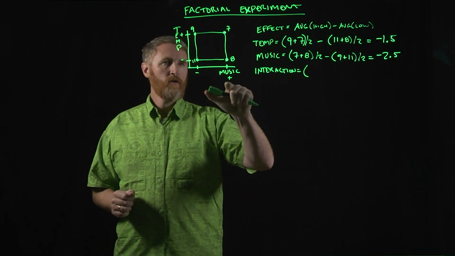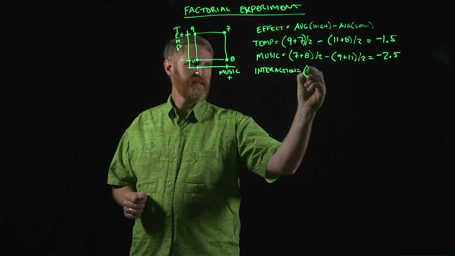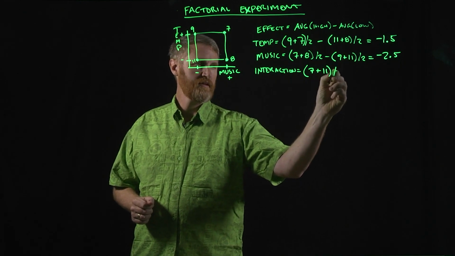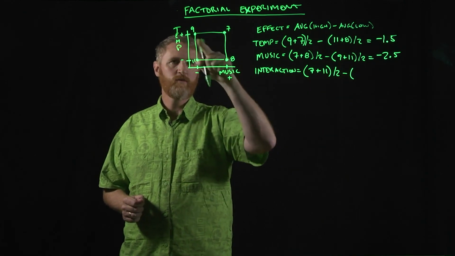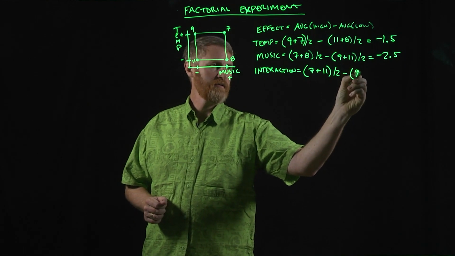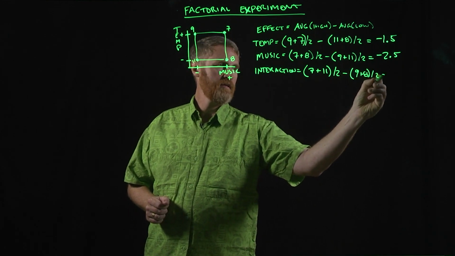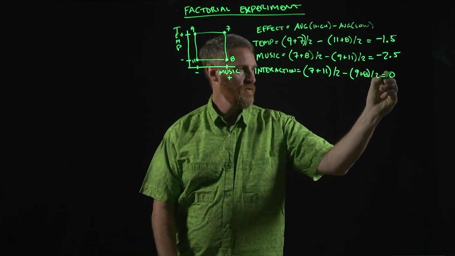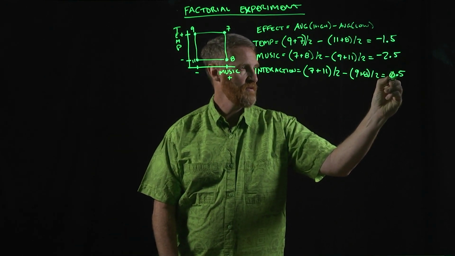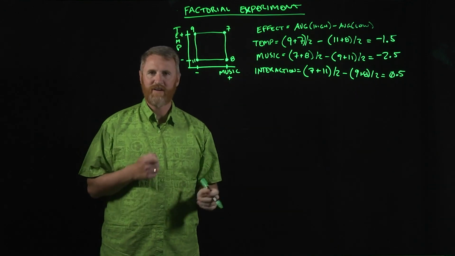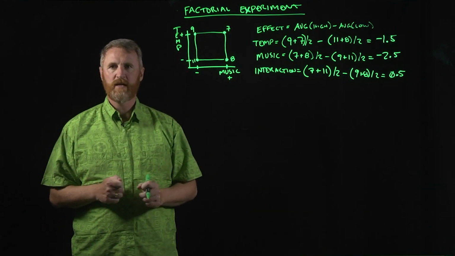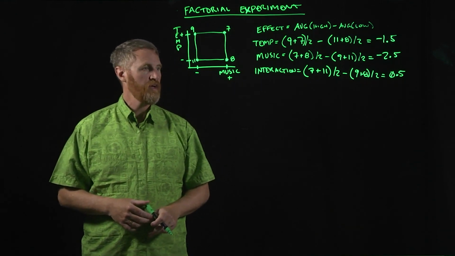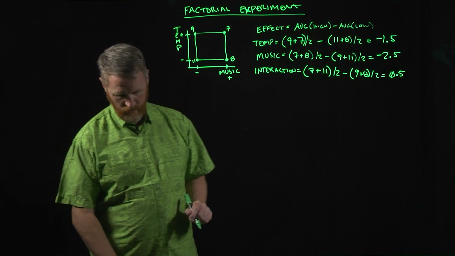Well, when you have both positive, that's a 7. When they're both negative, that's 11. And then the value at the low is when they're different. So that would be the 9 plus 8. And that difference is going to be 0.5, right? So the interaction effect between the two of them is much smaller, meaning that the effect that they're going to be behaving differently with different levels is lower.